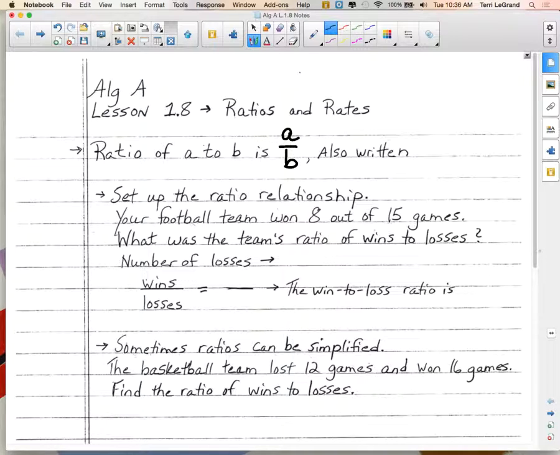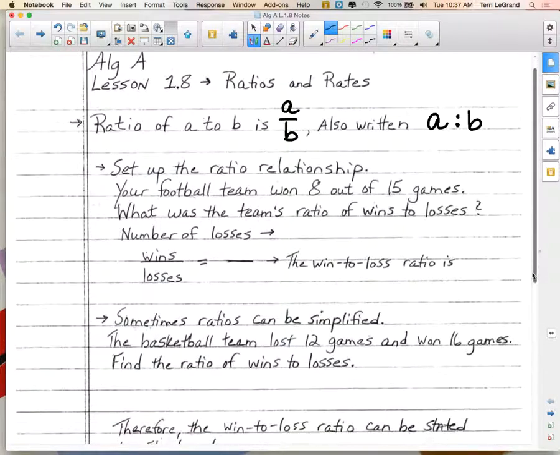Another way we might see that written is A colon B. In some other countries, they treat the colon like we do the division symbol or the fraction bar. So that's another way that we can write it.